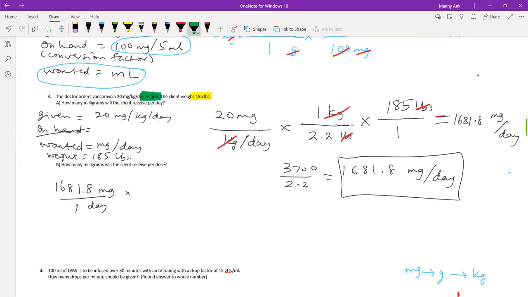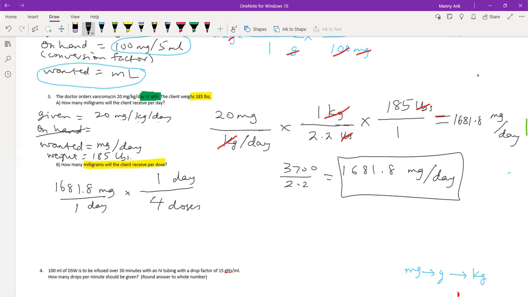In other words, we are giving 4 doses per day. So we can factor 4 doses per day here. So 1 day, since the day is here, and I want to end up with milligrams per dose, right? I'm going to write this as 1 day, the person is getting 4 doses.